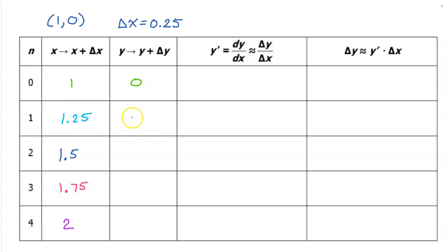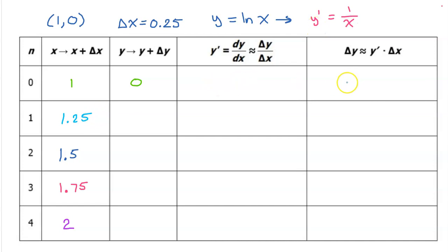To get the next y value, we need to know what delta y is, the change in y. But to find delta y, we first need y prime. Remember, the original function is y equals natural log x. So y prime is 1 over x.